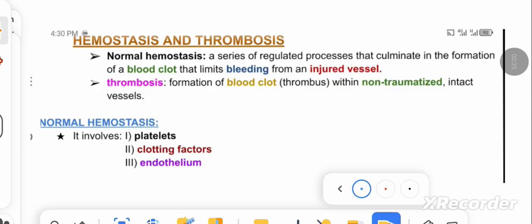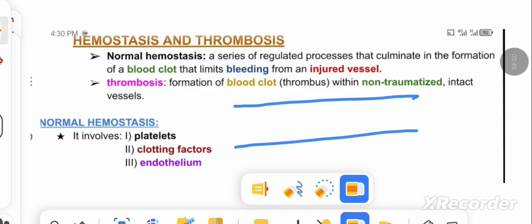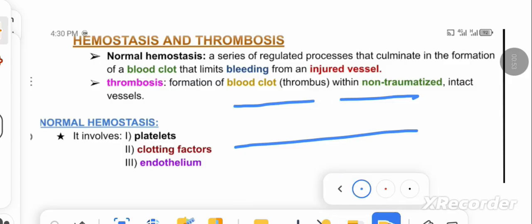But now thrombosis is simply formation of a thrombus within a non-traumatized intact blood vessel. Okay, so we have a blood vessel, and if we have injury to this blood vessel, then these processes will lead to formation of some clots there to prevent blood from bleeding out of the blood vessel.